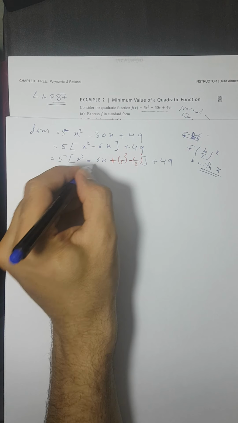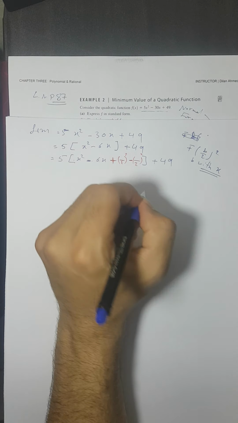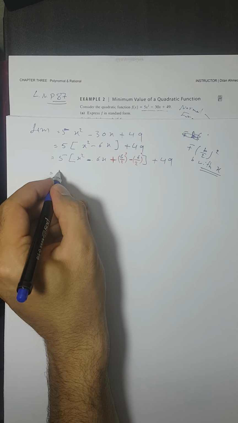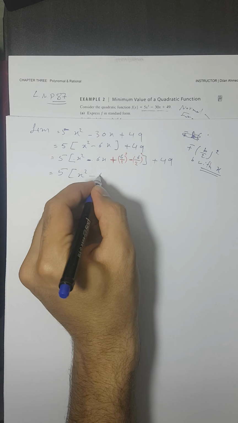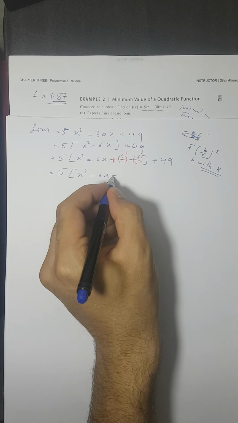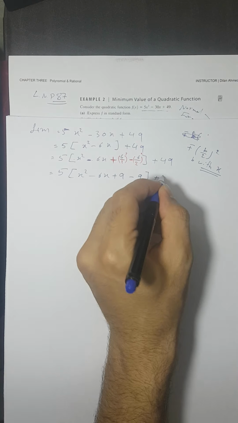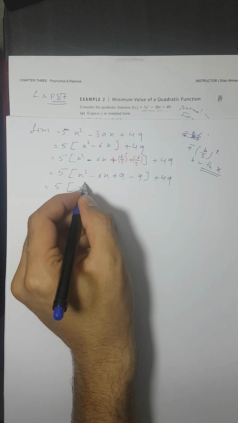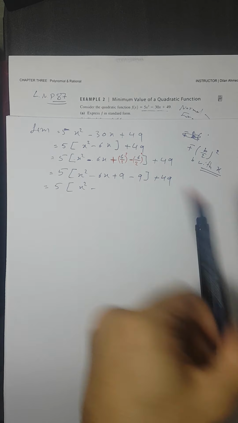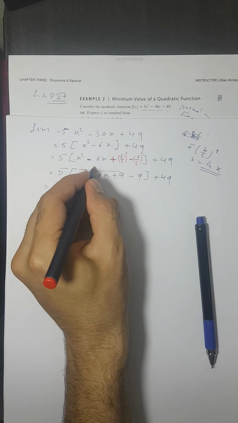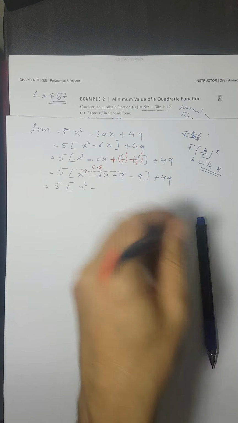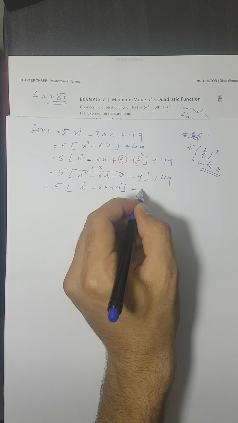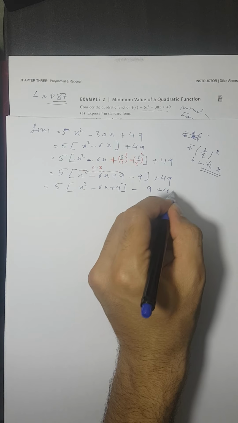So a is equal to 1, b is equal to minus 6, so I get 6 over 2 and 6 over 2. Now for 5x squared, we will keep just the positive part. Do not forget this one, it's our completing square: minus 6x plus 9, and I will take minus 9 plus 49.